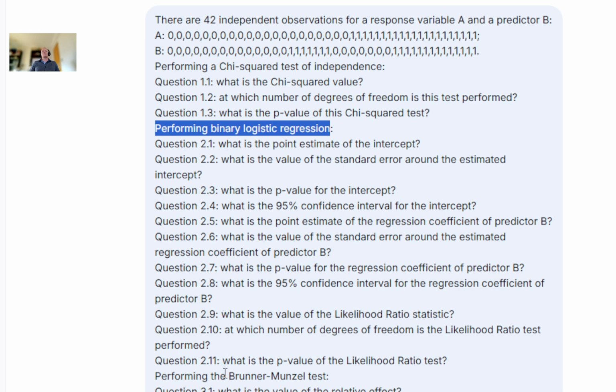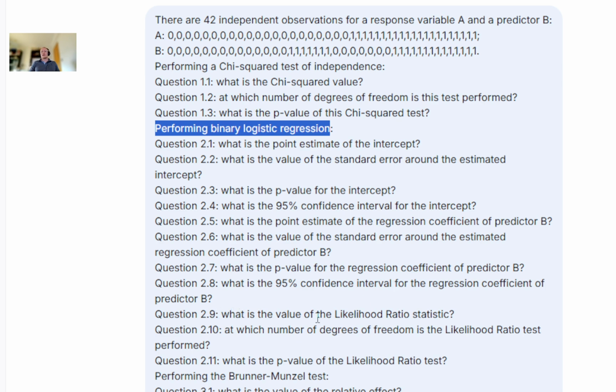Then we really have a bunch of questions on that. First, a few questions on the point estimate of the intercept, standard error around that, p-value for the intercept, and 95% confidence interval for the intercept. Then we have the same questions about the regression coefficient of B, the standard error around it, the p-value, and the 95% confidence interval around it.